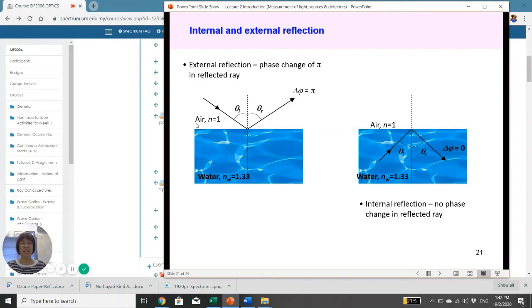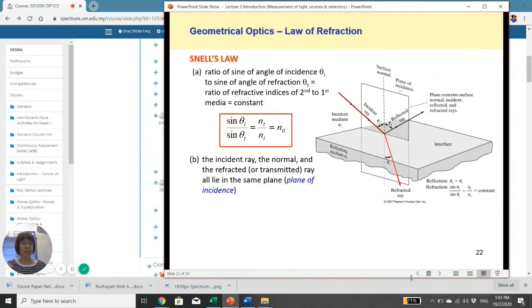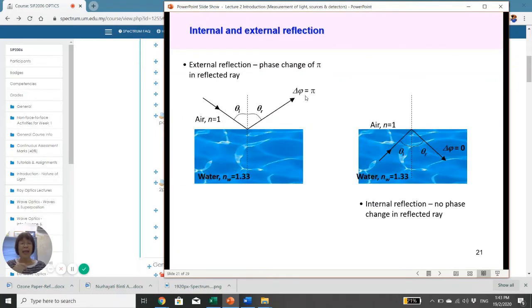For example, this is air and this is water. The refractive index is 1 here and the refractive index here is 1.33. So you get a reflected ray. Now, the law of reflection holds: the reflected angle equals the incident angle. But the reflected ray itself will undergo a phase change of pi.